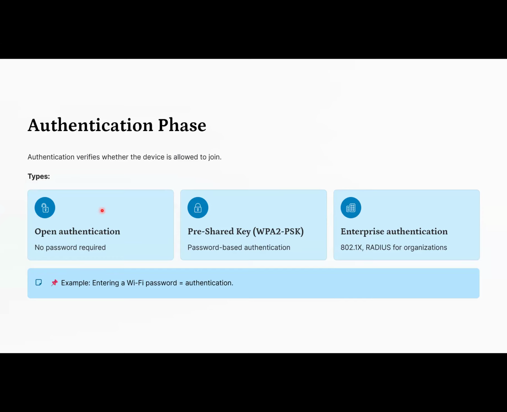But if you have to authenticate, this is where you have to prove your identity. In doing so, you have to enter either the login details or the PSK of that particular Wi-Fi to get access to it.